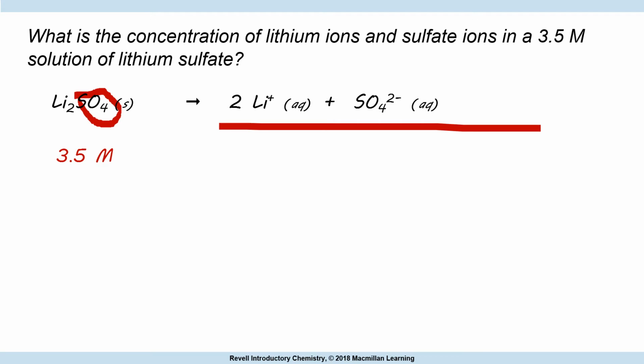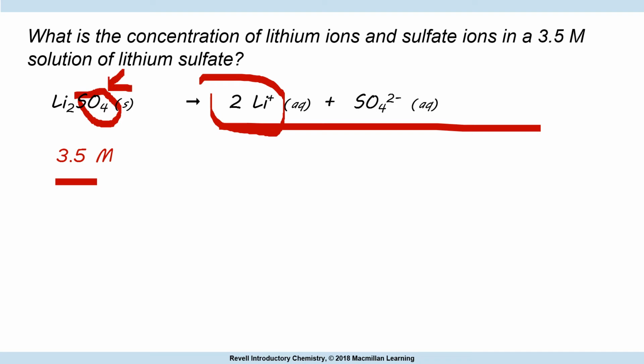Okay, so we're asked, what's the concentration of lithium? We have 3.5, we're told. So when it dissolves, this is the net ionic equation, it dissolves 2 for every 1 of these, right?